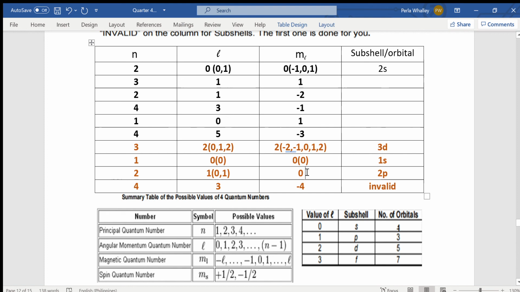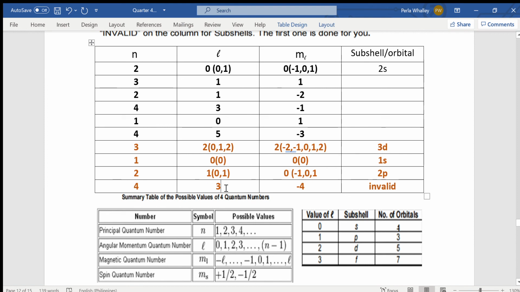Remember that it again follows the L. So it starts with minus 1, followed by 0, followed by 1. So is 0 valid? Yes, it is valid. And remember that if L is 1, the subshell is P here. And this 2 came from this n, 2p.